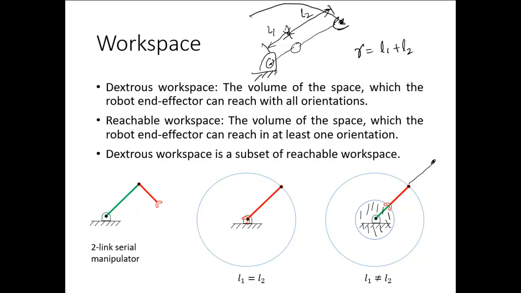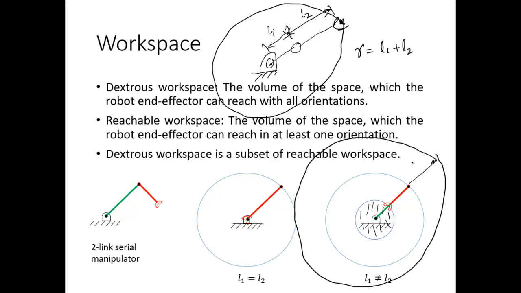So if you draw a circle out of this also, all these points on the circle actually are the reachable workspace. So this can actually reach these points. Similarly, for L1 not equal to L2 also, you can have a circle like this, which is actually the reachable workspace. In this case, this point again is the reachable workspace. So this line and this line actually are the reachable workspaces.